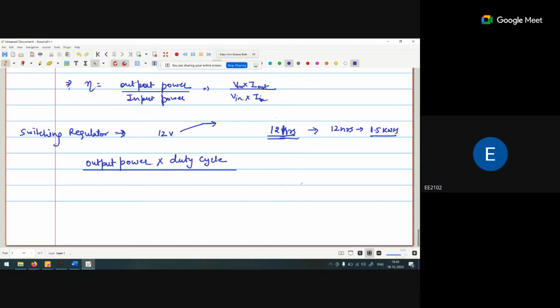It may be provided for half of the time, it may be provided 4.4% of the total time period. That depends on the device where we are using the switching regulator, upon input power. Output power into duty cycle.